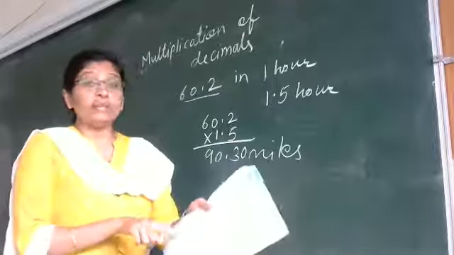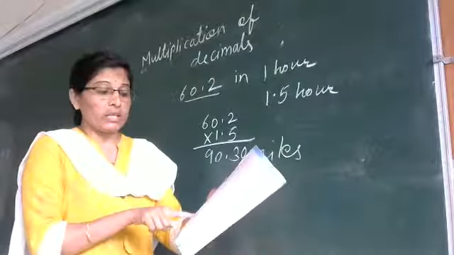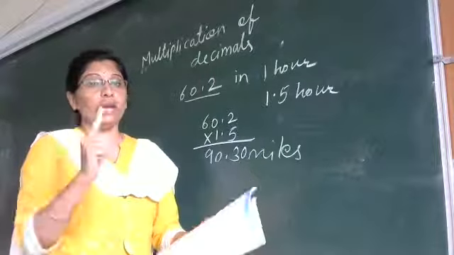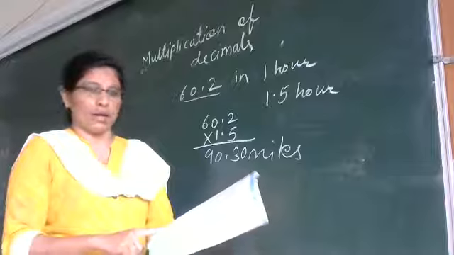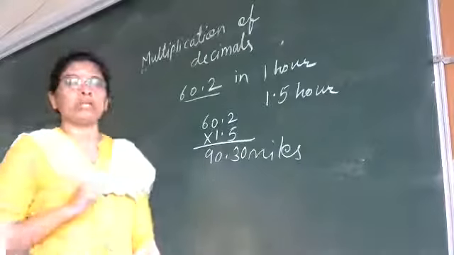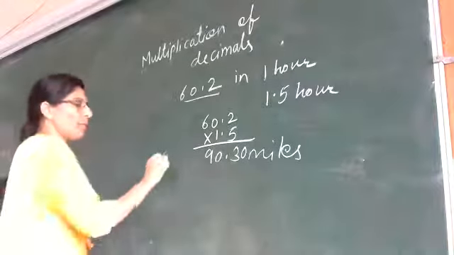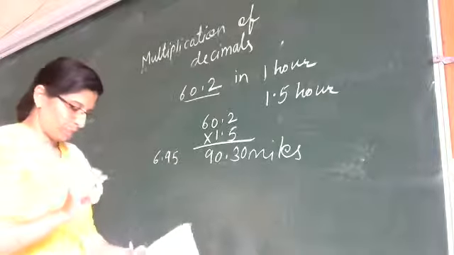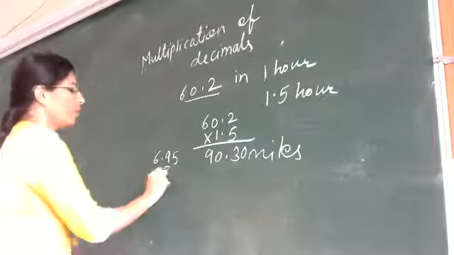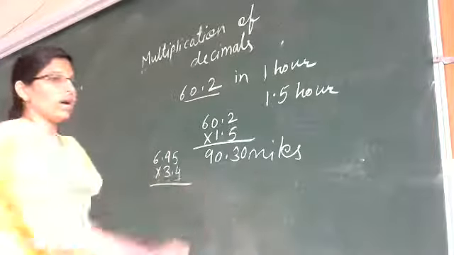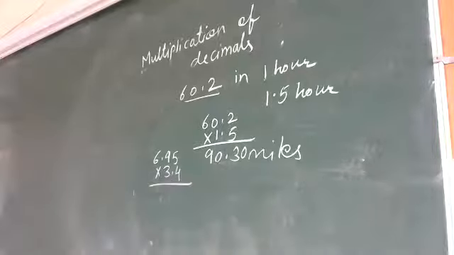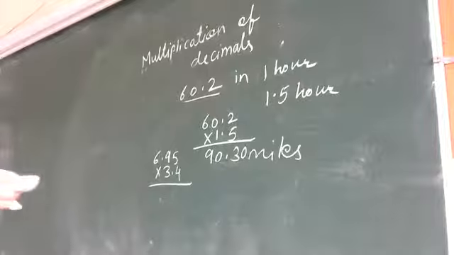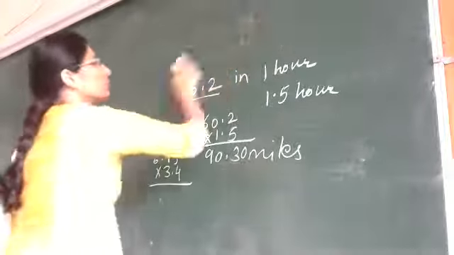So for 3.4 kg, how much? 1 kg is given as 6.95. So 6.95 multiplied with 3.4. Do and tell me the answer. Ma'am, 23.63.